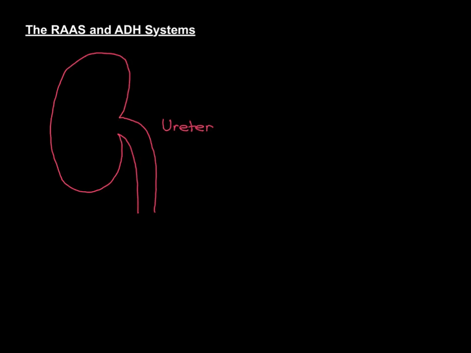The structure of the kidney is divided into 2 major portions, the cortex and the medulla. Now, cortex and medulla are Latin words that are used all over the place in anatomy to describe the structure of loads of organs. Whenever you see the word cortex, it always means the outer portion of an organ, whilst medulla means the inner portion of an organ, and the kidneys are no exception.